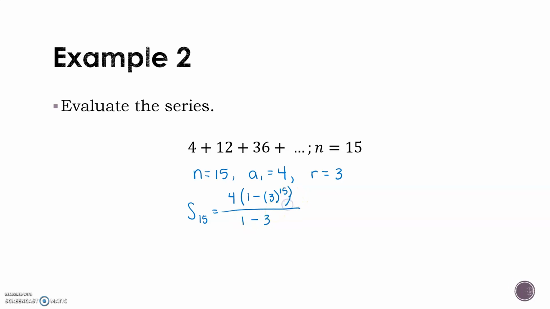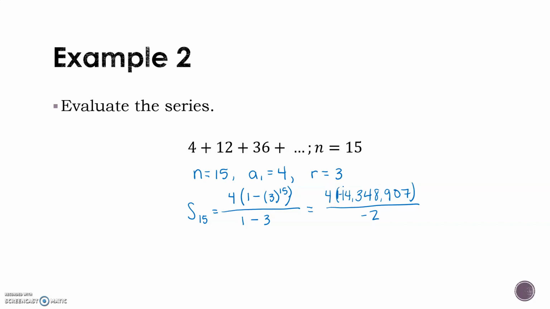All right, so we need 3 to the 15th power. Yikes, that's a big number. Let me check and see what I'm going to get here. Some of you may get an E, and that's okay. But hopefully you get this. I'm going to, again, show my work. 4 times 14,348,907 all over negative 2. Oh, sorry, 1 minus that. I forgot the 1 minus.